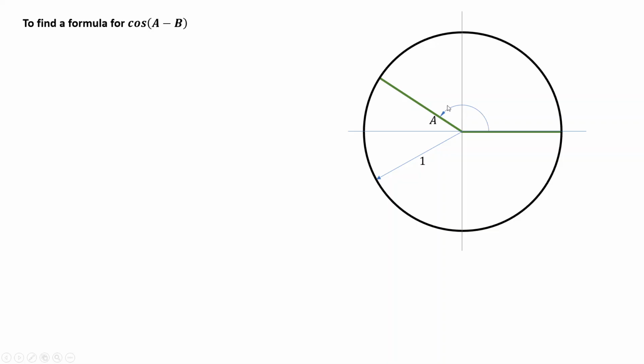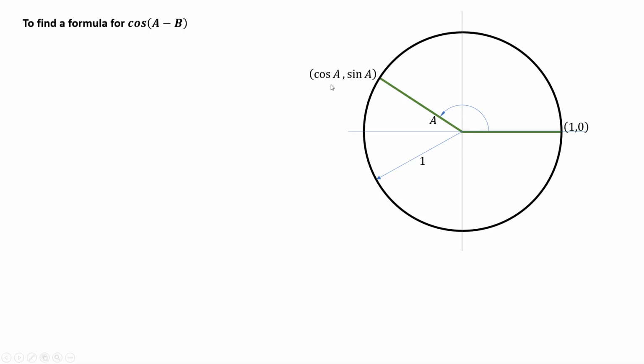I have shown that to be obtuse for some kind of clarity, but it doesn't have to be obtuse. It doesn't have to be in that second quadrant, but let's say I have some angle A.